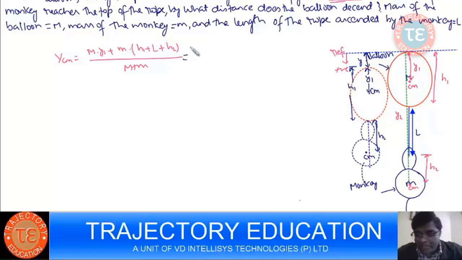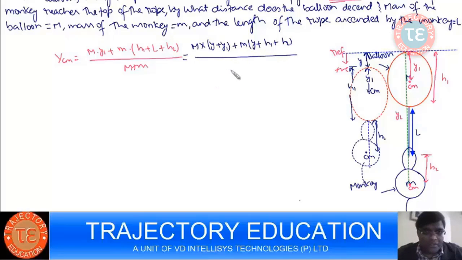So your final center of mass YCM is going to be mass of balloon M into y plus y1, and the monkey is m into y plus h1 plus h2. I hope I am correct. Yeah, I am correct.